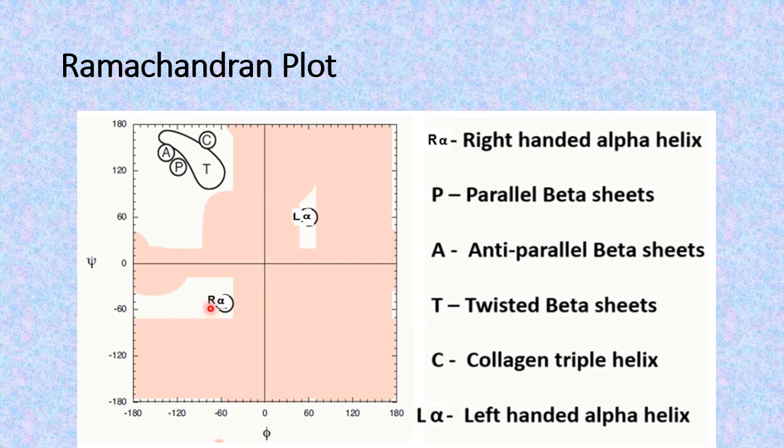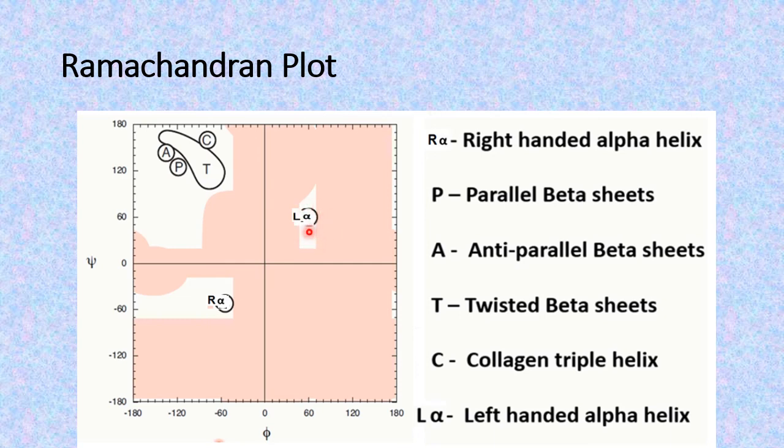And the mirror image of this, where we have positive values for phi, and positive values even for psi, in this quadrant, here we will obtain the left-handed alpha helix.